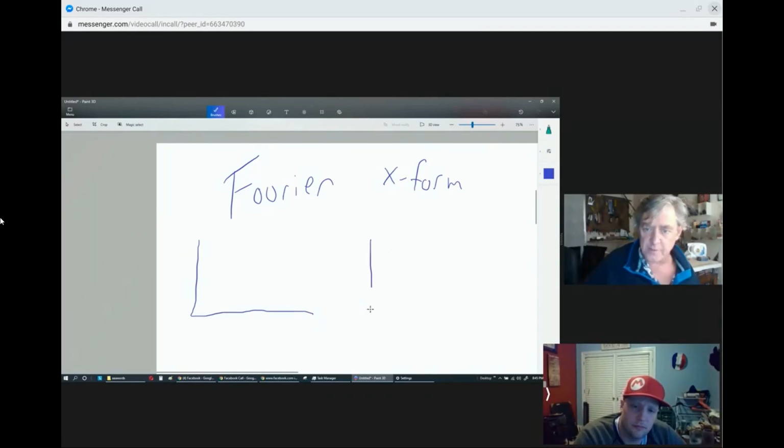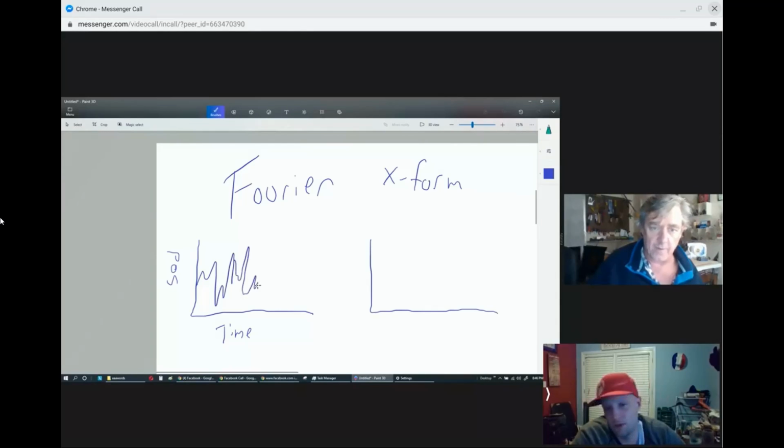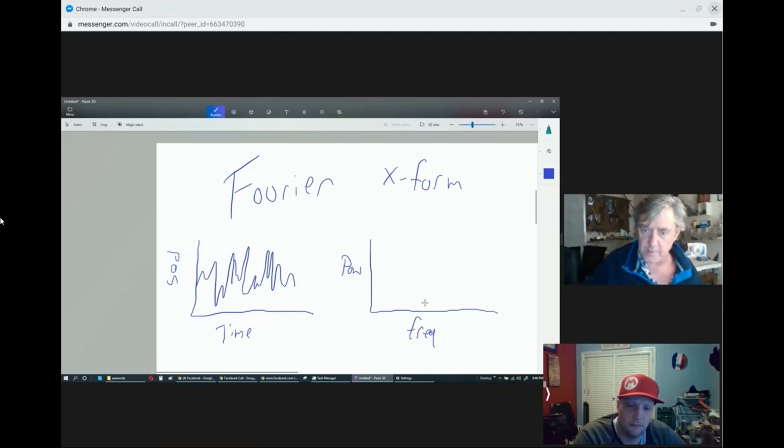Probably the most familiar way that you see it is when you compare, for example, the time and position of your eardrum, like an audio file, versus the power and frequency of the pitches you hear. Because that's what our ears do.